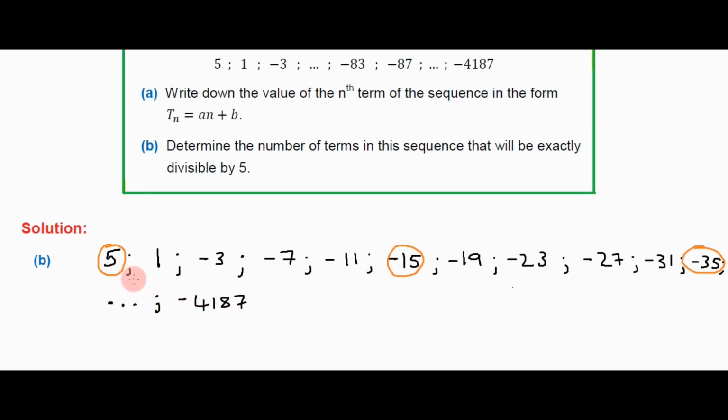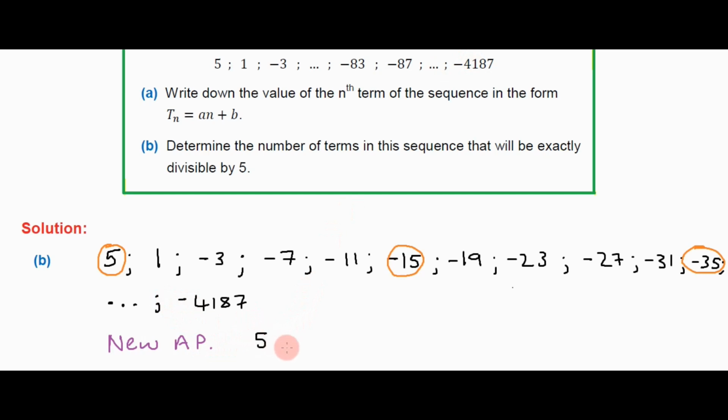So we see that we have another arithmetic progression within the original one, made up entirely of terms divisible by 5.